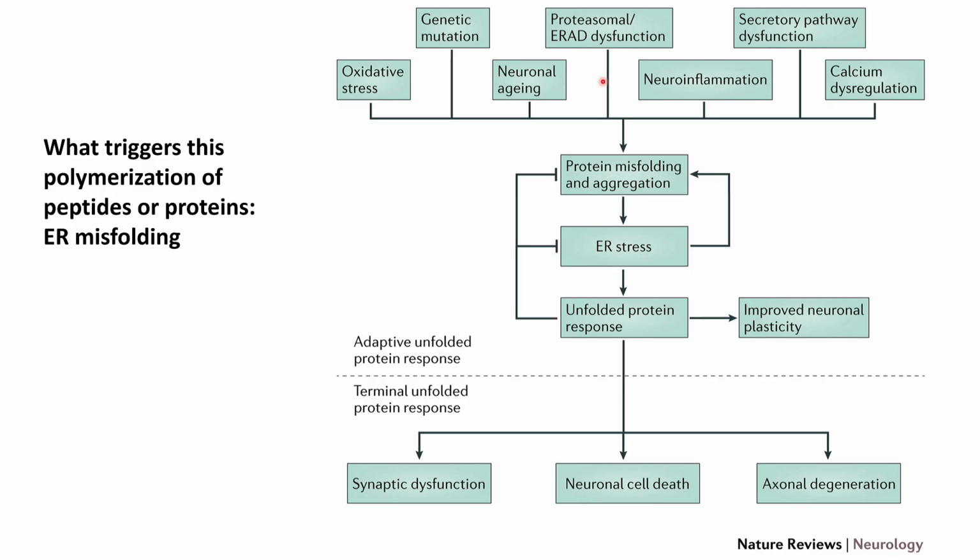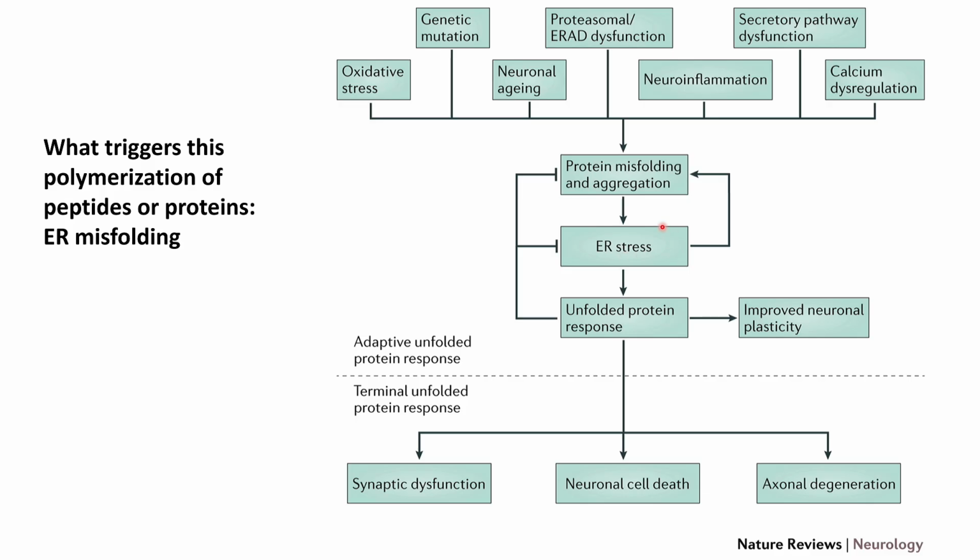It is found that if misfolded proteins or aggregated protein are loaded in a neuron or in any cell, it impacts its endoplasmic reticulum and puts it under stress. That is known as ER stress.